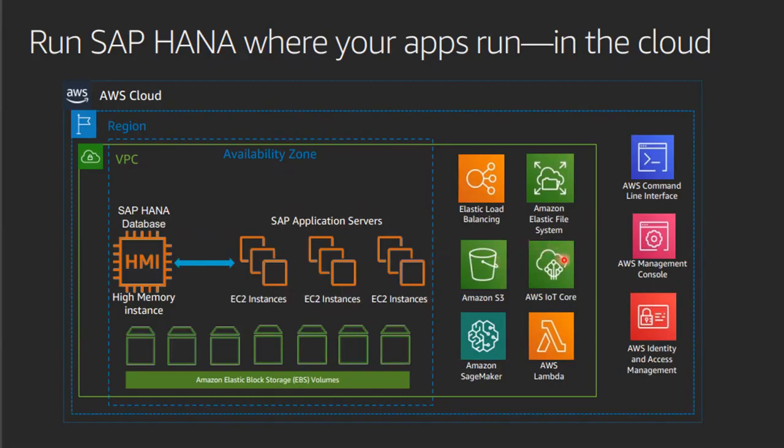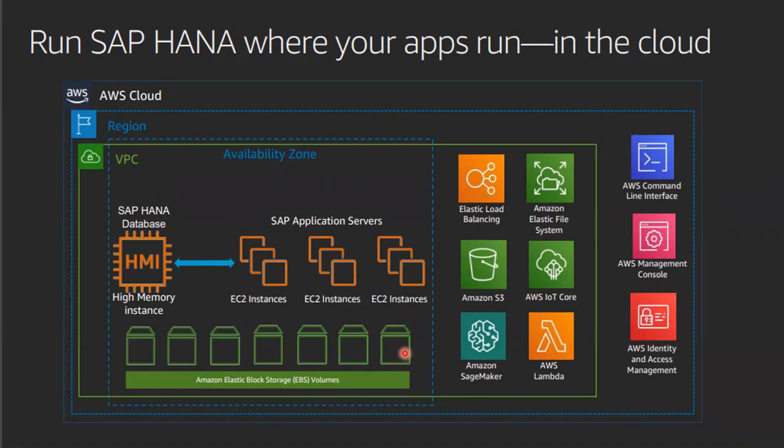Below, in green, you can see EBS volumes. EBS volumes can be general purpose SSDs, or provisioned IO. So all your IO requirements for storage can be met with EBS volumes. Now, this architecture can span across multiple zones to give you high availability.